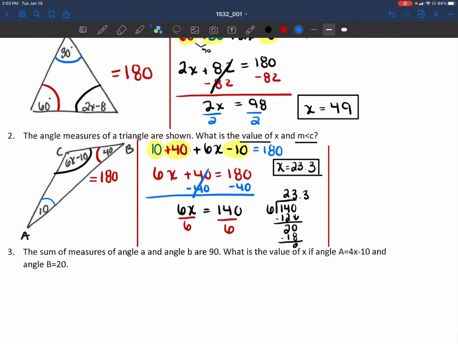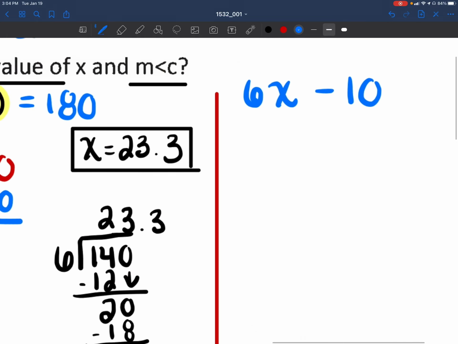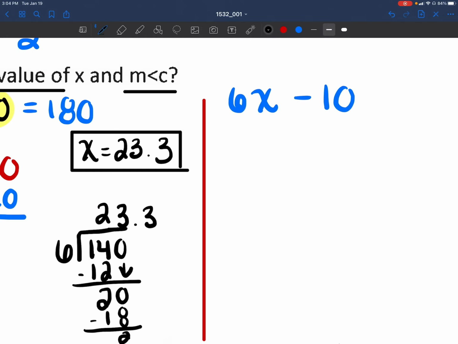Now we have to find the measure of angle C. So measure of angle C is 6x minus 10. And we know that x is 23.3.